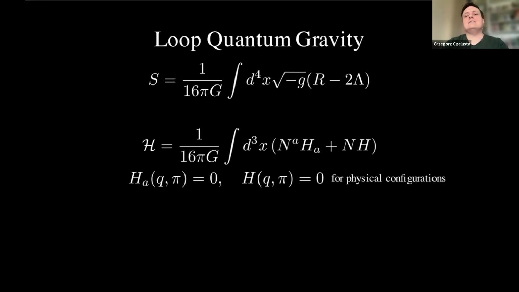And this reflects the fact that in general relativity, time evolution is deeply related to gauge symmetry and space-time diffeomorphism invariance. In other words, time evolution in gravity is not a real evolution, but it is a kind of gauge symmetry. So this is typical for gravity systems.